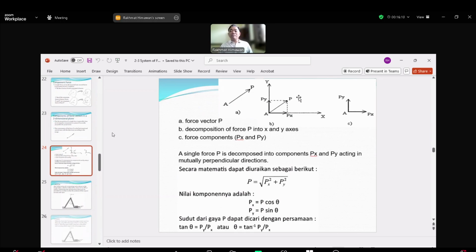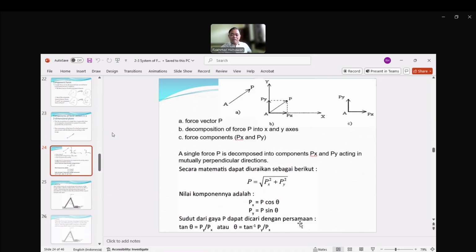We need to calculate Px and Py: Px is P cos theta if theta is here, and Py is P sin theta if theta is here. Also, tan theta is Py divided by Px if you need it. Also, the magnitude of P, or the length P, is the square root of Px squared plus Py squared.